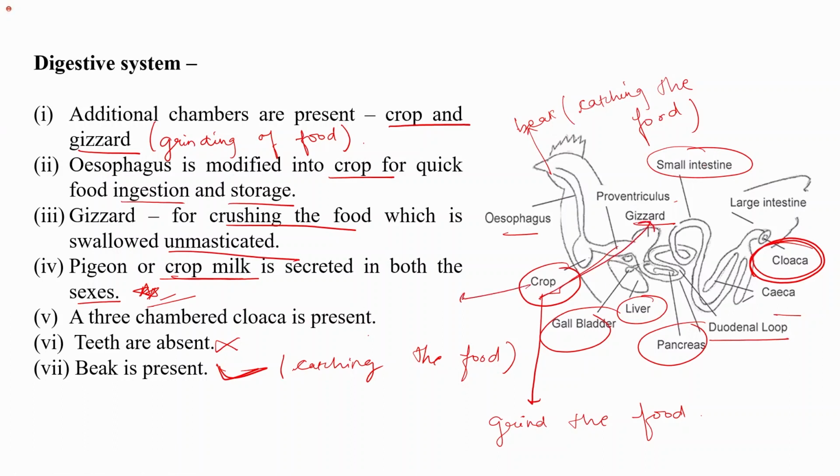Function of crop is to store the food. Right? So this is the digestive system. It is a complete digestive system. Additional chambers like crop and gizzard are present. Teeth are absent and 3-chambered cloaca is present. So you need to remember that cloaca is the opening outside the body.